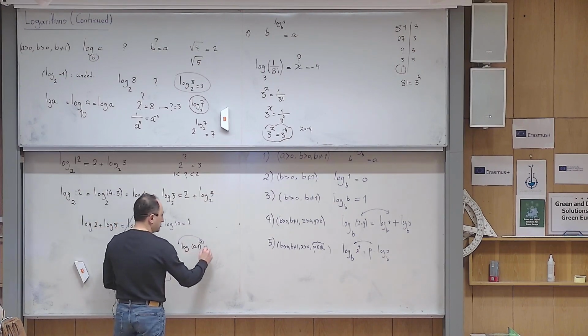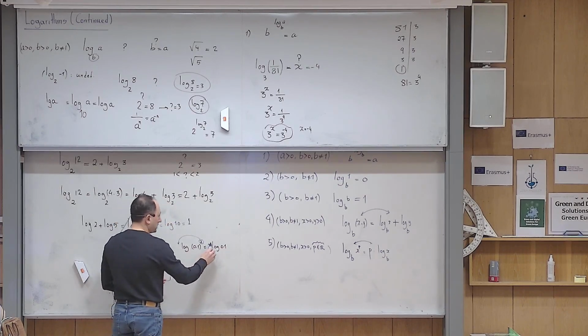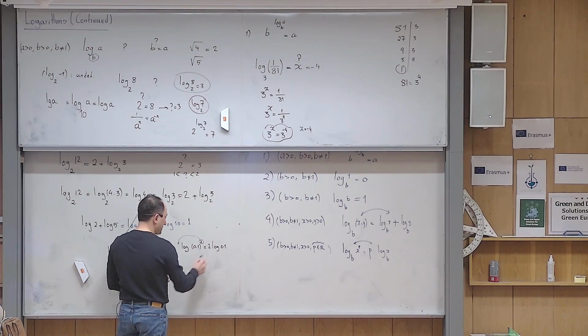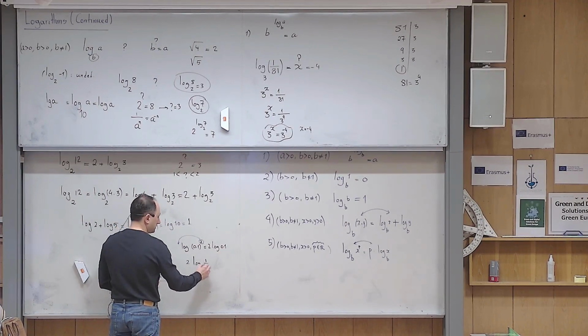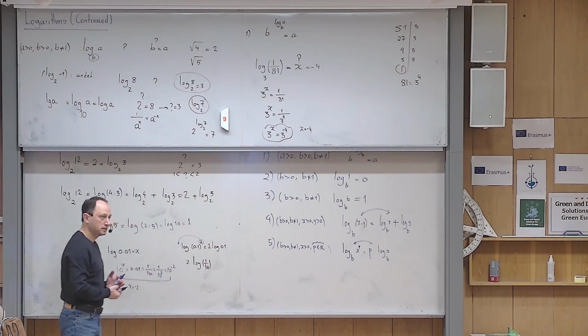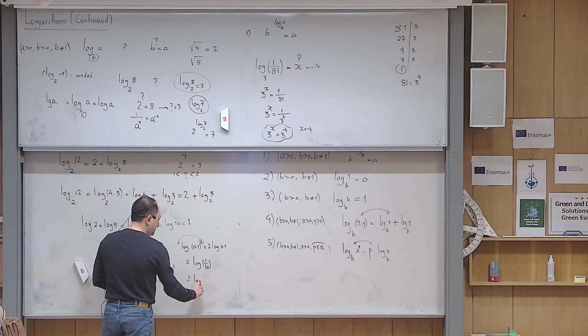So it becomes 2 logarithm of 0.1 to the base 10. I hope you can understand that this can be written as 2 log. Instead of 0.1, you can write 1 over 10. And then instead of 1 over 10, you can write 10 to power minus 1.